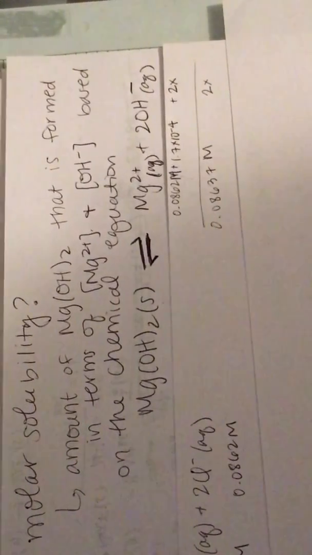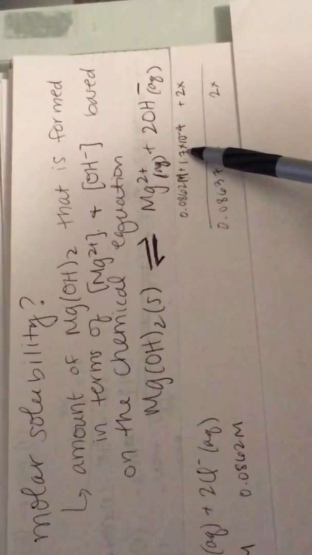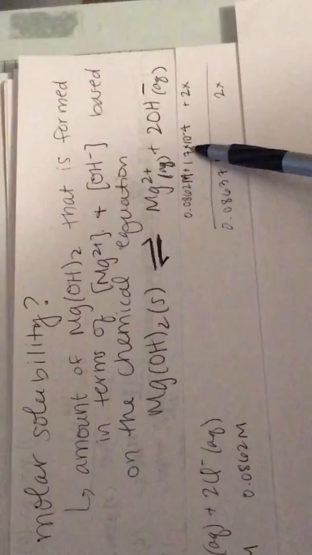And so now I want to know, with my magnesium hydroxide solution, how is this going to change the equilibrium concentrations? So what I'm going to do is take my equilibrium expression here, and instead of starting with x for magnesium 2+, I already know that I had dissociated some amount, a very small amount, to begin with.